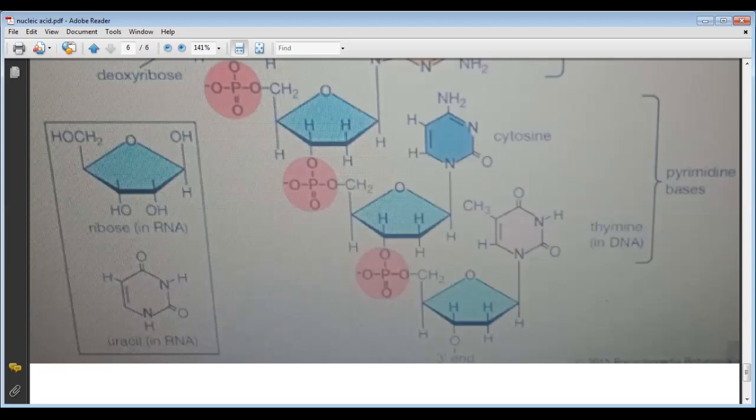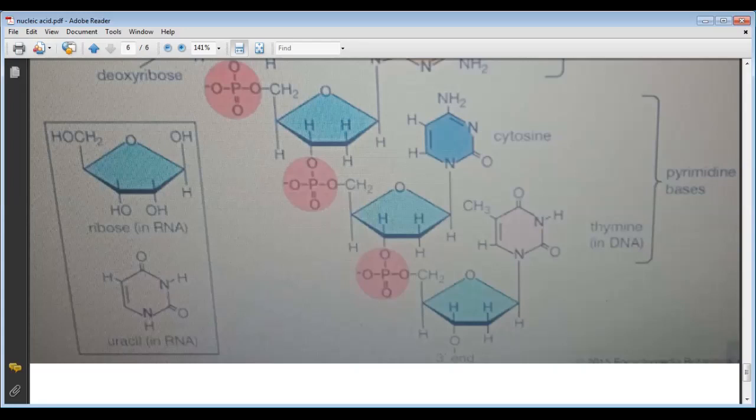Now if we go to the second pentose sugar, here we can see they are joined together: the fifth carbon of the first pentose sugar and the third carbon of the second pentose sugar are combined by the phosphoric acid, or phosphate.